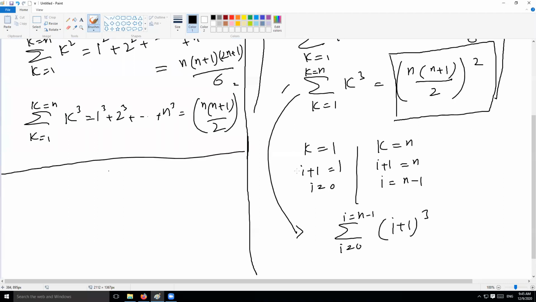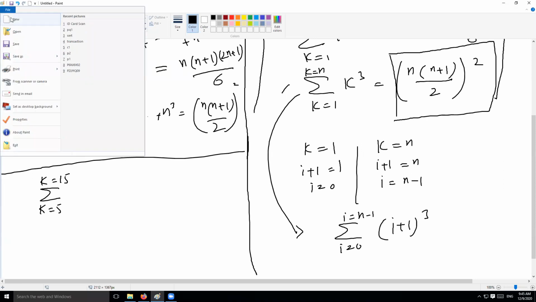Now suppose I give you this: try to find this sum for k equal to 5 to k equal to 15. But before that, I must tell you some more properties of the sums.